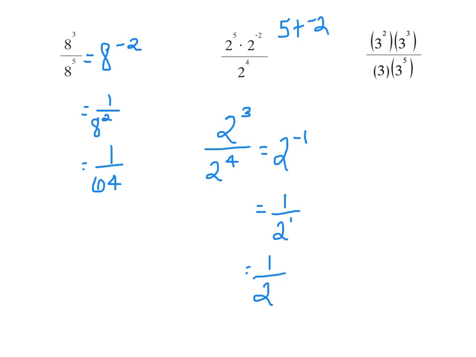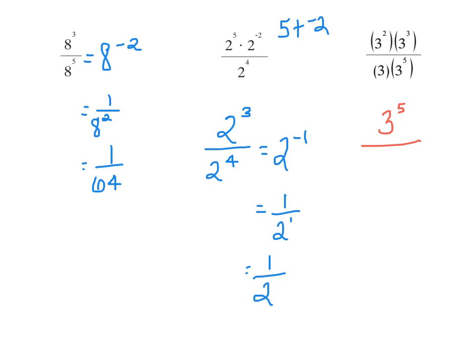The third one looks challenging, but those parentheses, remember, just mean to multiply. So I have 3 to the second power times 3 to the third power. Same base, so I'm going to add my exponents, and I get 3 to the fifth power divided by, the bottom I'm going to do the same thing.